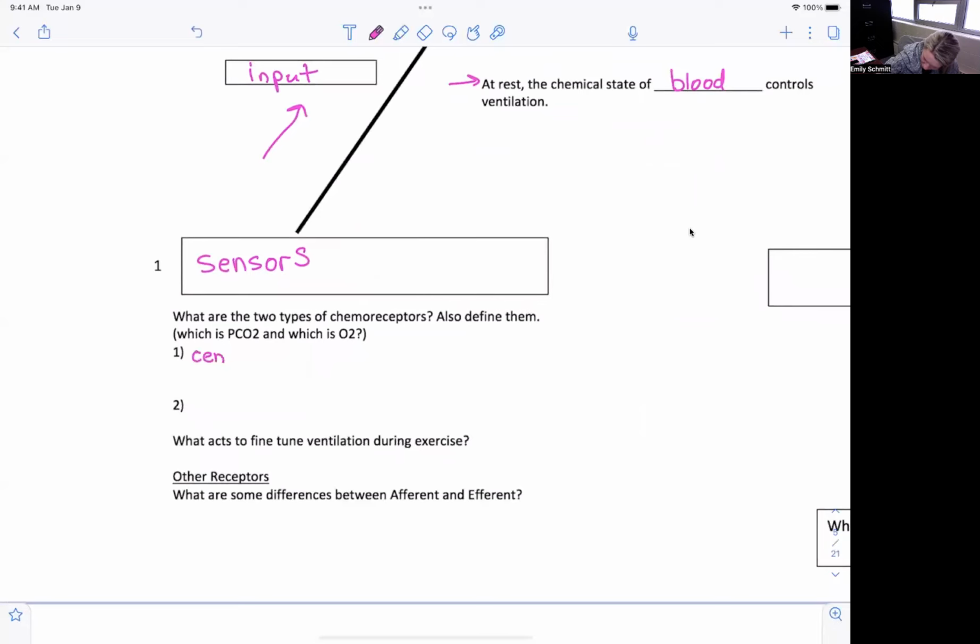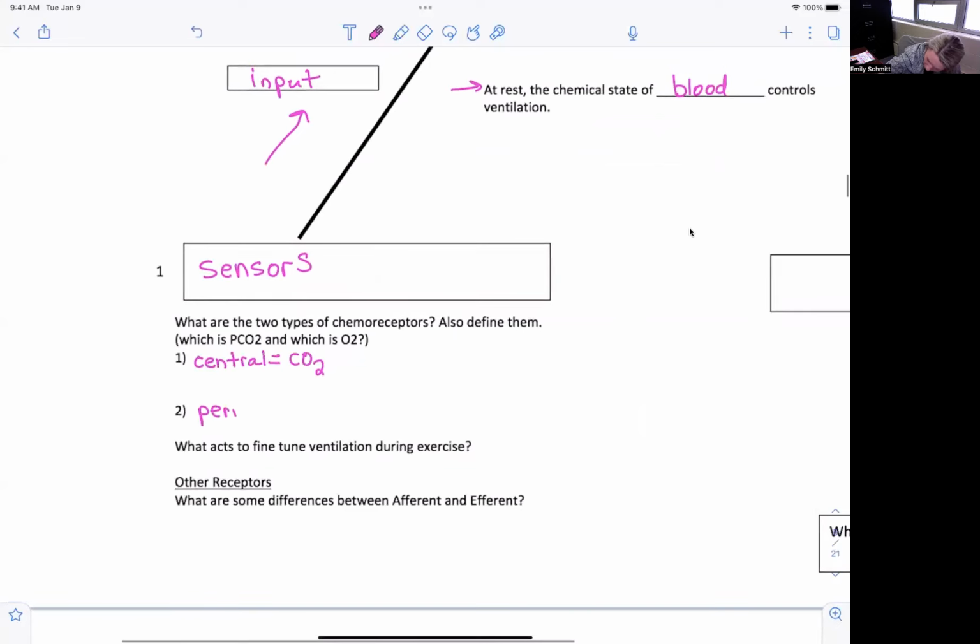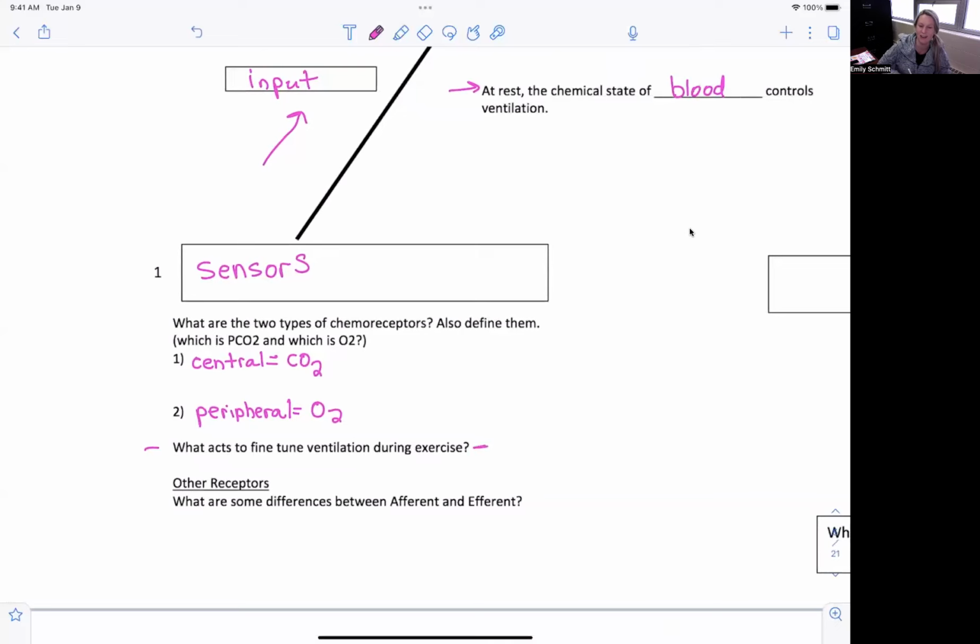We have central chemoreceptors that control carbon dioxide, and then we have peripheral chemoreceptors that control our oxygen. And what acts to fine-tune ventilation during exercise? I'll answer that at the end of this lecture.